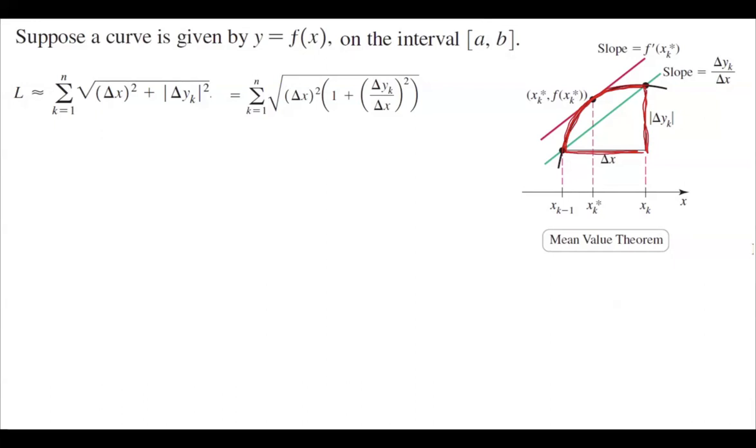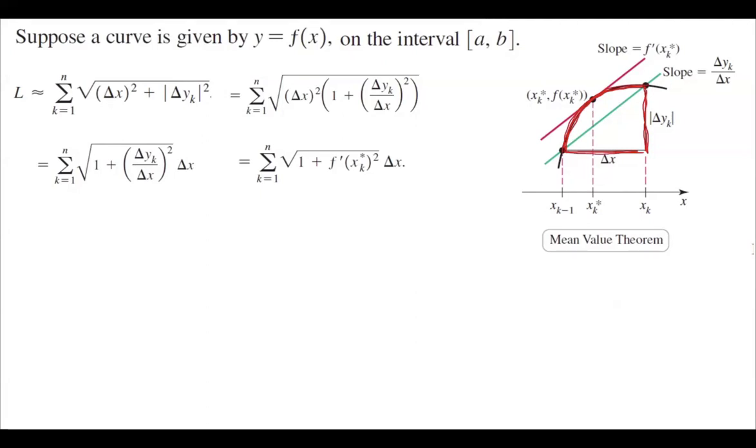But please pay attention. Delta y divided by delta x is basically the rate of change. If you factor out the square root of delta x squared or separate these two radicals, the square root of delta x squared is just delta x. And by the mean value theorem, you know that you can write delta y divided by delta x as the derivative of a representative point like x sub k star.